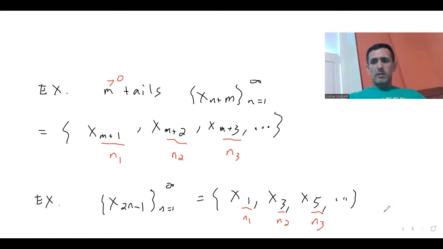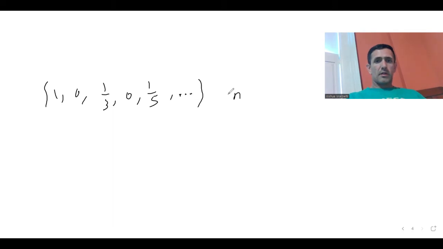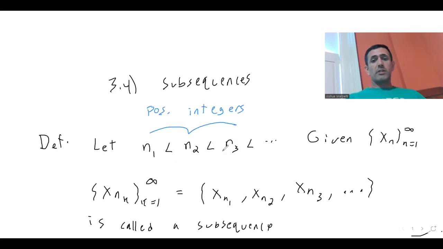On the other hand, not that we probably need to do this example, let's say I have the sequence 1 over n, n equals 1 to infinity. So something like this: 1, 0, 1/3. I think this is actually in the book. This is not a subsequence. Intuitively, a subsequence is like a subset of my original sequence, with the small caveat that we must have indices strictly increasing.